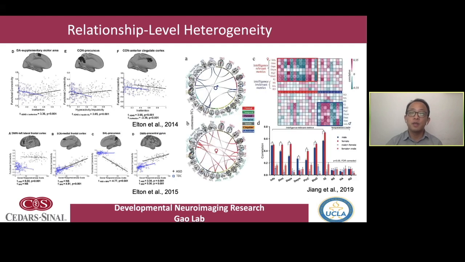Moreover, in John's paper, sex-related differences in brain-IQ relationships in a cohort of control adults were also reported. Therefore, previous results suggested that there might be heterogeneity at the brain-behavior relationship level, even within an otherwise homogeneous population. So, we have the hypothesis that different subgroups of infants may possess qualitatively different brain-behavior relationships that could ultimately contribute to divergent developmental outcomes.